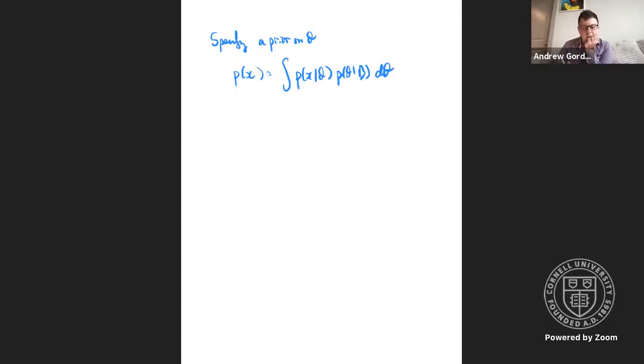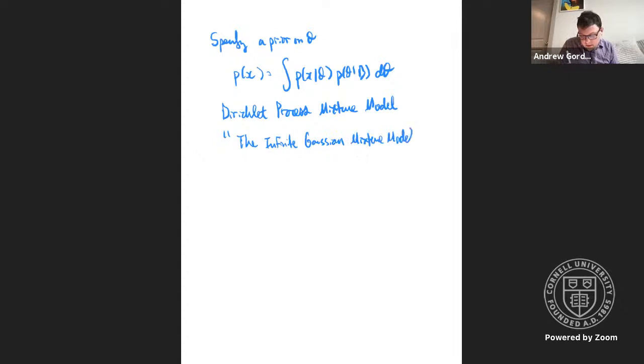And when we follow this formulation, we can very naturally use models with even an infinite number of components and often achieve very reasonable looking density estimators. An example of this would be the Dirichlet process mixture model. And there's a really nice paper called the Infinite Gaussian Mixture Model, by Carl Rasmussen, who is also one of the authors of the famous book on Gaussian processes.